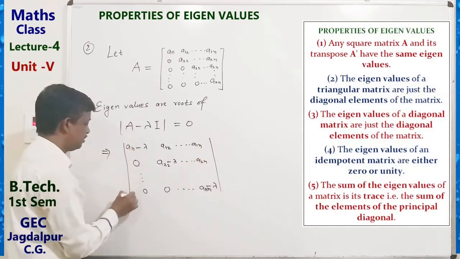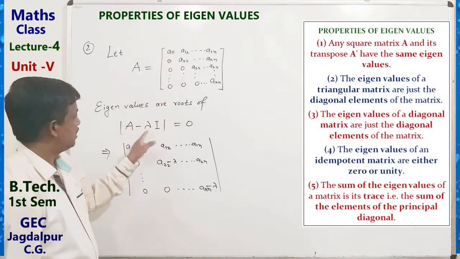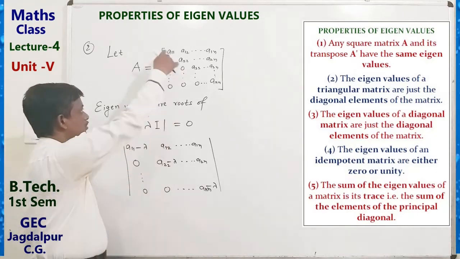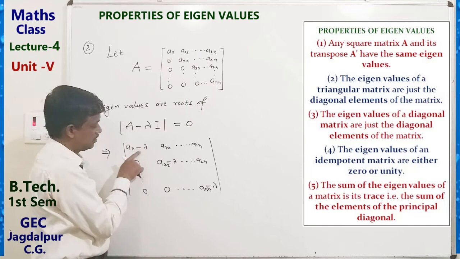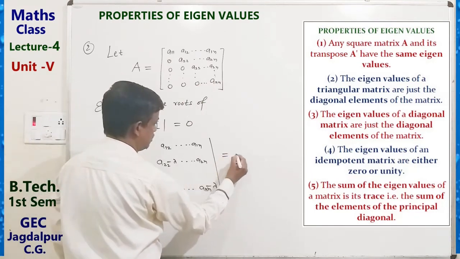This is A minus lambda I, that means the diagonal elements are subtracted by lambda. This is equal to 0.